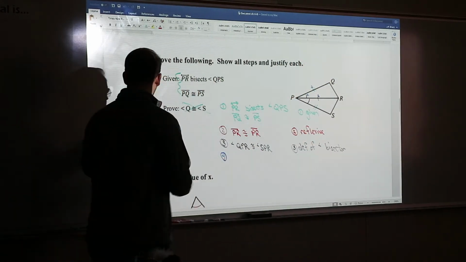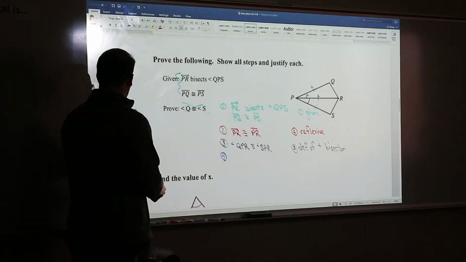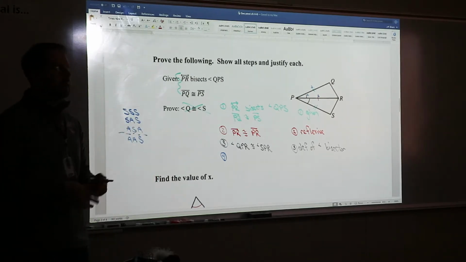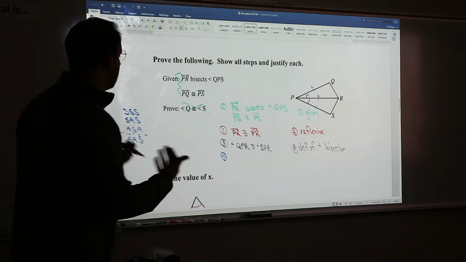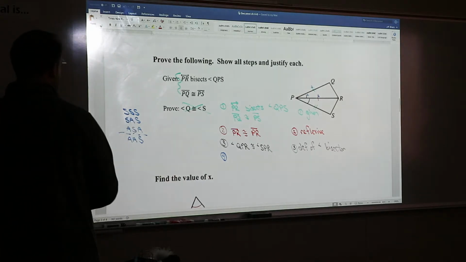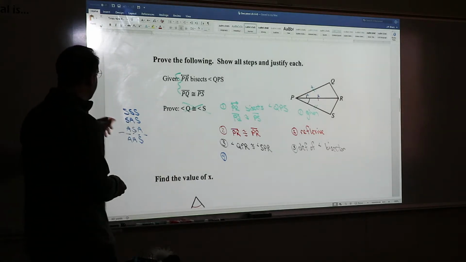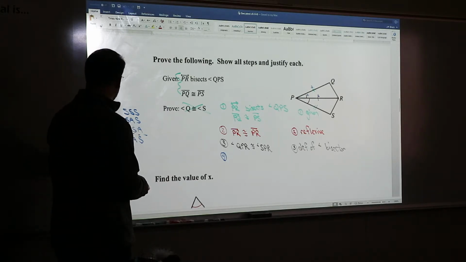Remember, one of the acronyms that you're trying to fall back on, these are the 4 you can use. These are the 4 we've had since chapter 4. These aren't right triangles or anything like that, so you can't use HL or LL or anything like that. But these are the 4. Obviously, the one that does spell is that one.